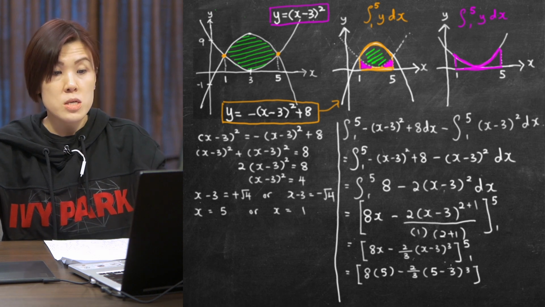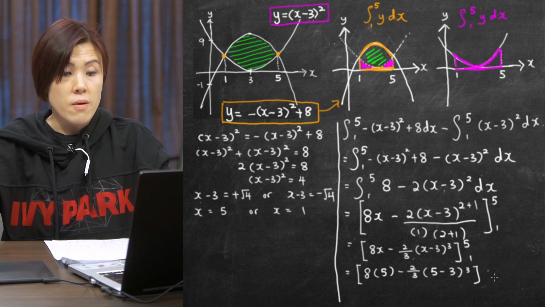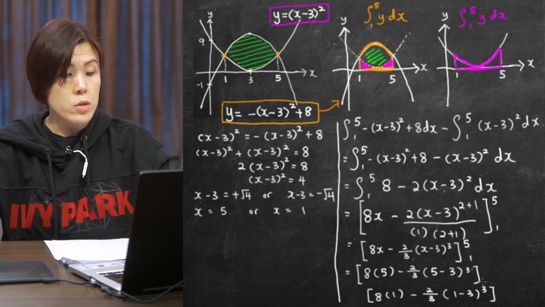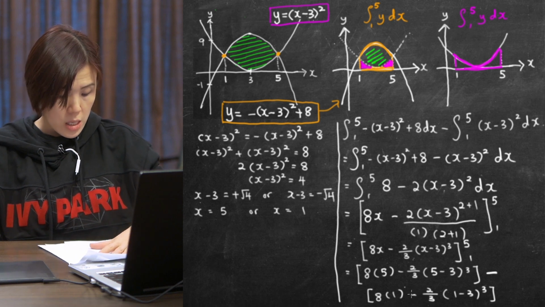So guys, please remember for definite integral, you have to put this top number into x first, and then followed by the bottom number. Okay, and what we need to do with this 2 is minus. Okay, this is what you need to do for definite integral.